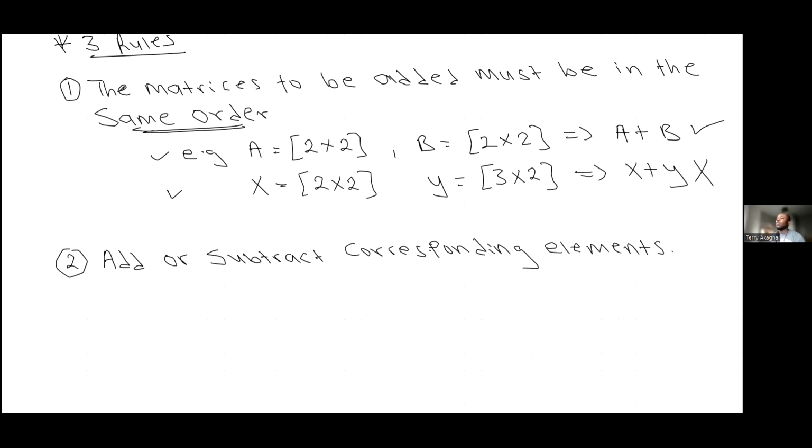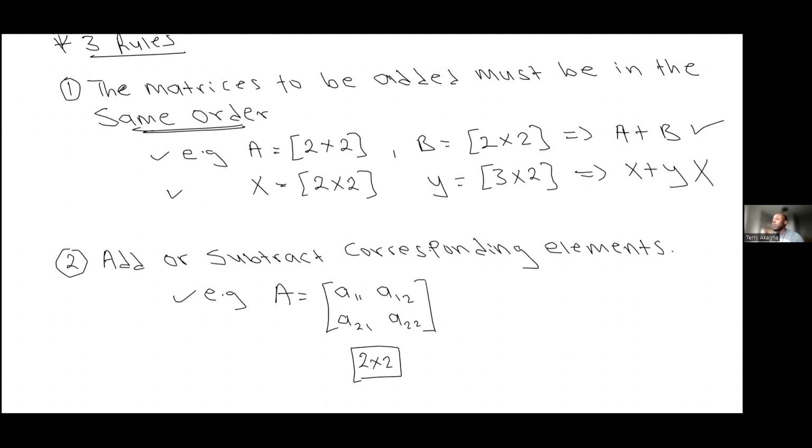Remember the notation. If you have A, we have it as A11, A12, then A21, A22. For instance, this is a 2 by 2 matrix. I talked about this in the previous video.